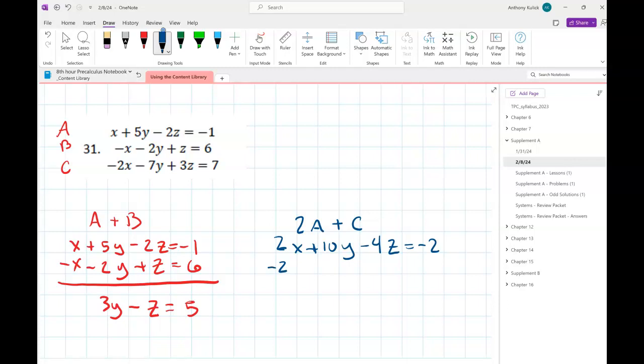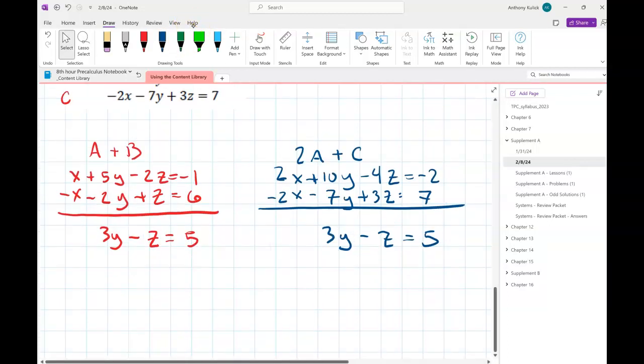And then negative 2x minus 7y plus 3z equals 7. And when I add those together then, I get 3y minus z equals 5. I'm going to refer to these as equations D and E.